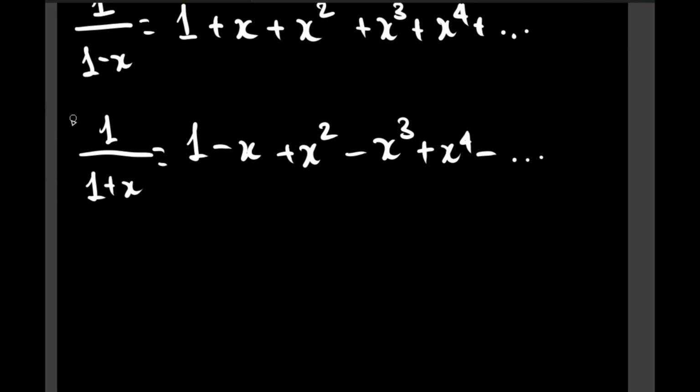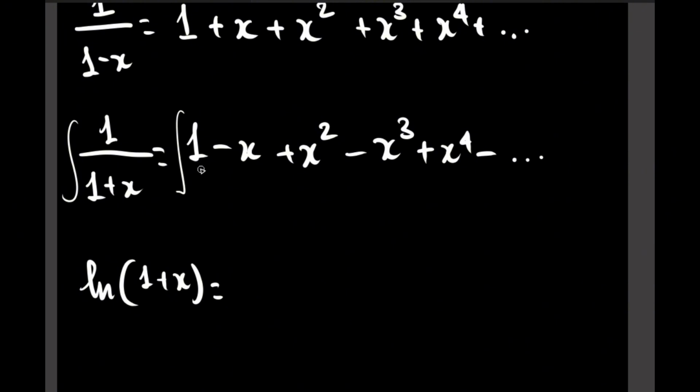So now I'm going to find the antiderivative of both sides of this equation, and I would come up with something like this, right? Because we're using positive x, I'm just going to use this bracket right here.